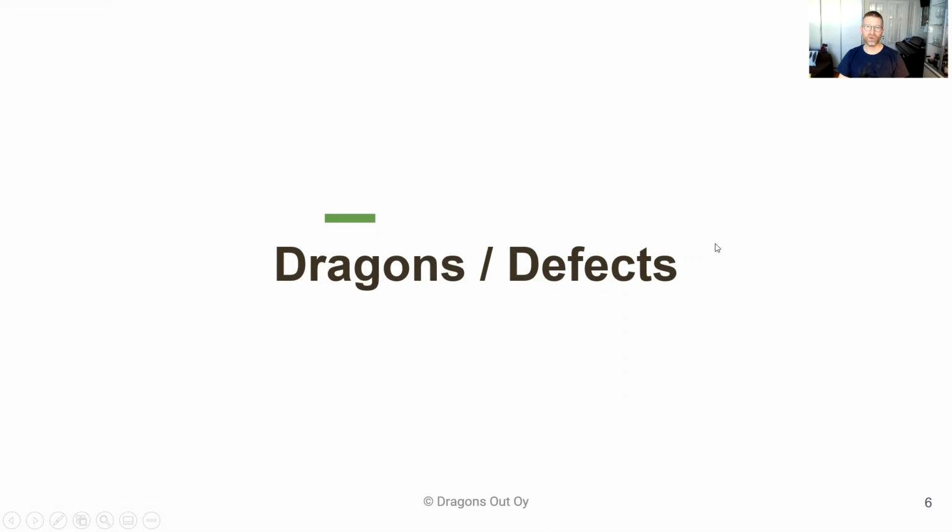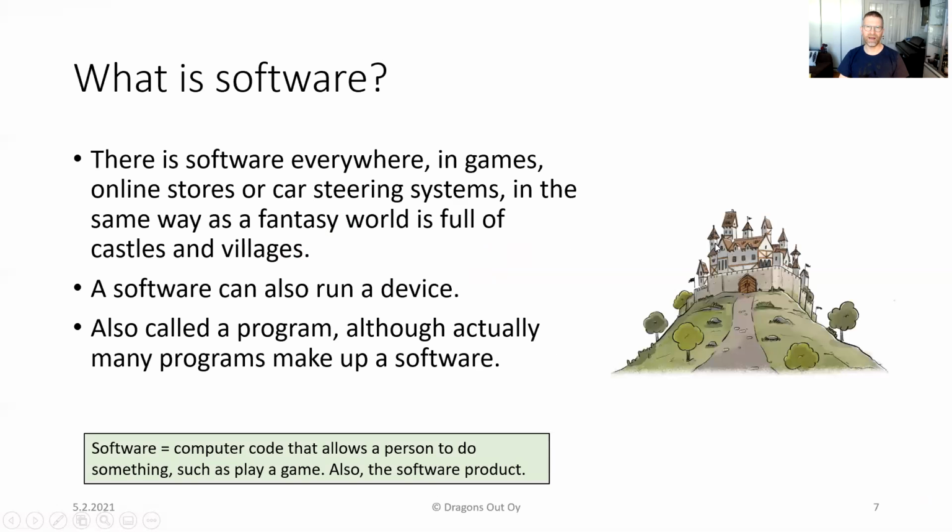So let's first talk about the dragons, or defects, and we start by thinking about software. Software, as we all know, is everywhere. It can be in games, in online stores, in different devices, and car steering systems are a good example. Sometimes the software is not standalone, it's part of a device, and it's meant to run or control that device, like a car.